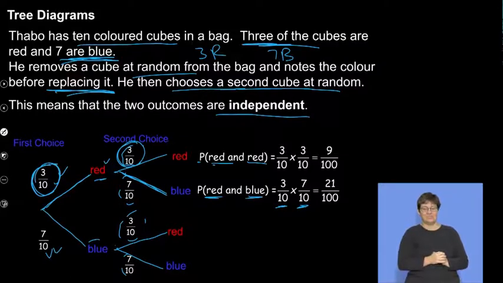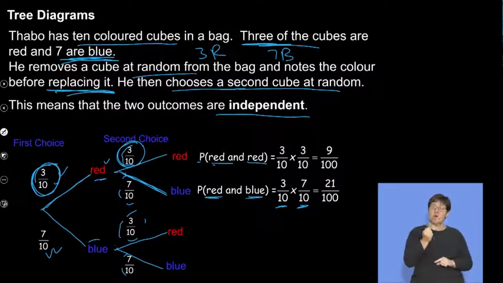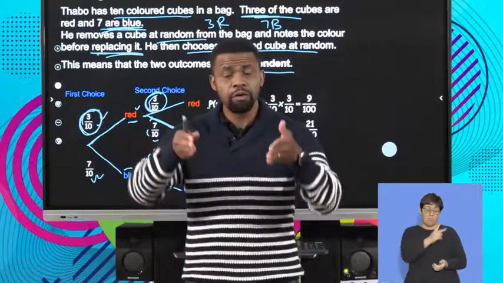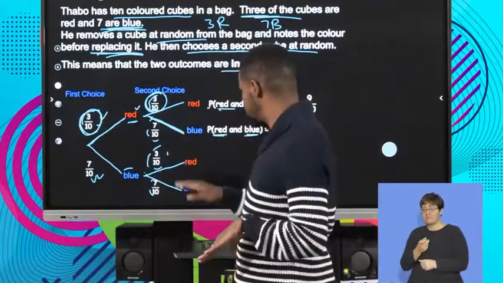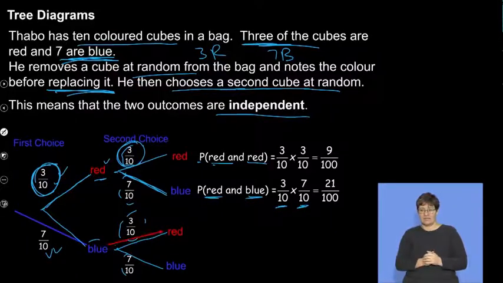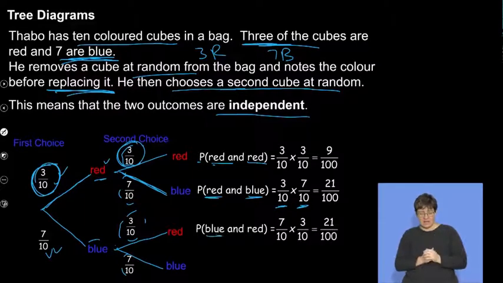Then the probability of getting blue followed by red. The chance of getting blue followed by red will give us 7 out of 10, because we're getting blue, then red. What is the probability of getting blue? 7 out of 10.